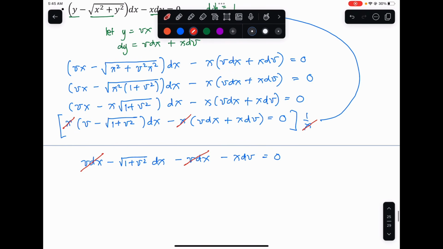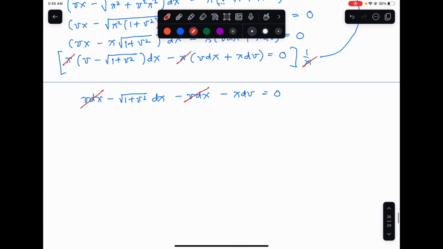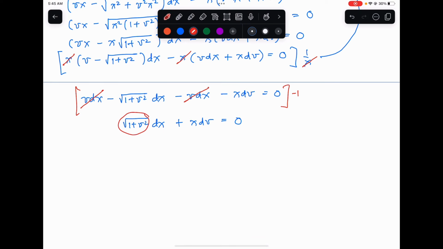Both are negative, so I can multiply both sides by negative 1 to give us positive square root of 1 plus v squared dx, plus x dv equals 0. We are in excess of x, so they will just interchange: dx over x plus dv over the square root of 1 plus v squared equals 0.